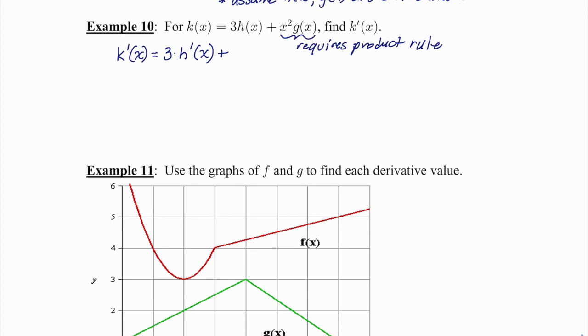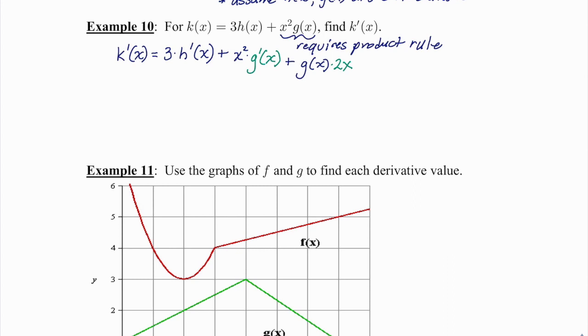So when I do the derivative of that, I'm going to say it's the first, left as it is, times the derivative of the second, but I don't know what g is, so I just have to write g prime for the derivative of the second. Then I want to add the second factor left as it is times the derivative of the first factor, so times the derivative of x squared, which is just 2x.